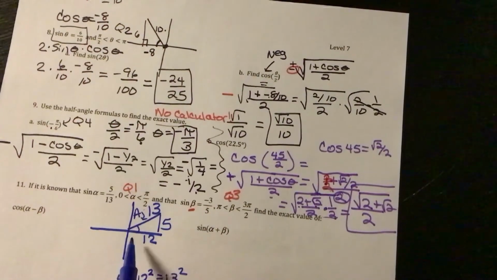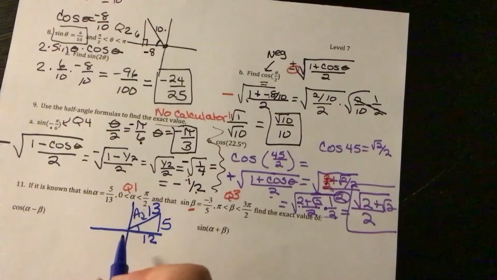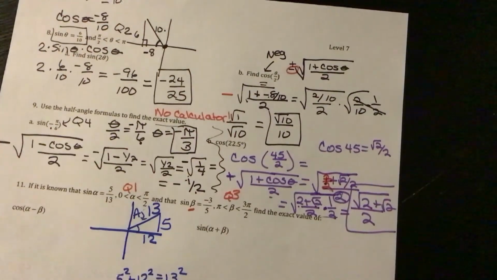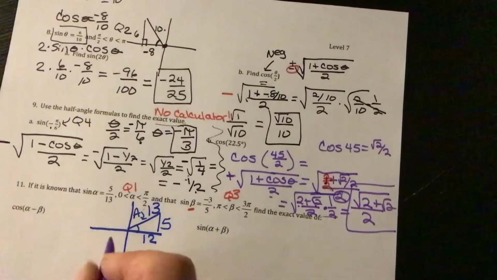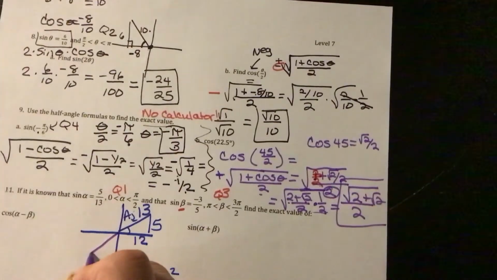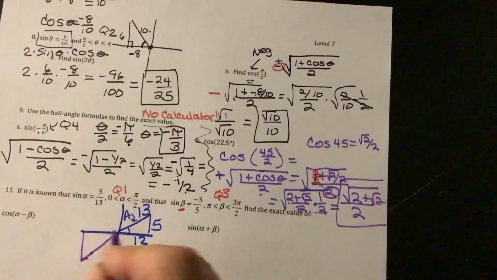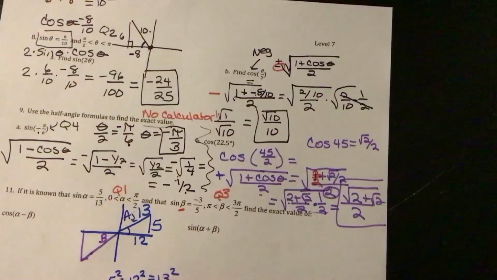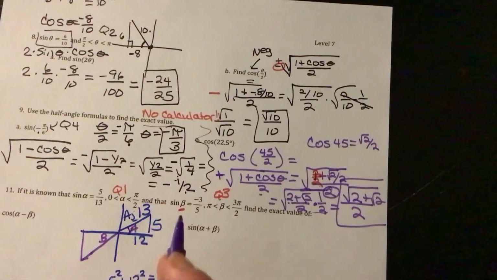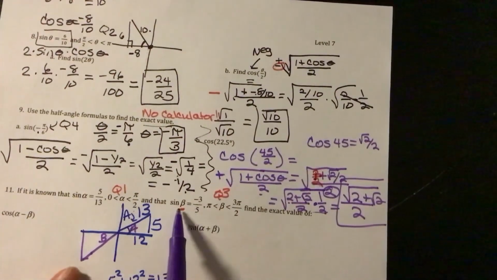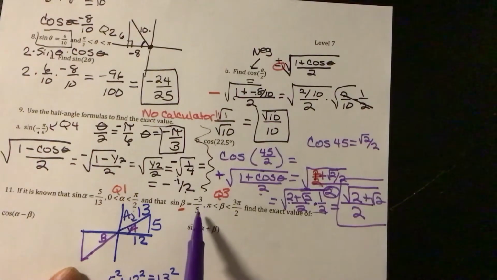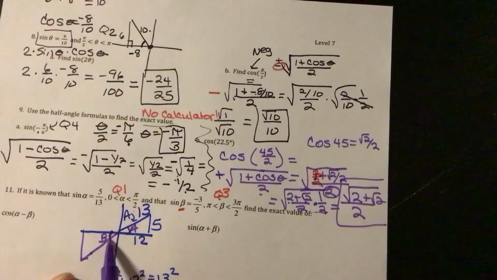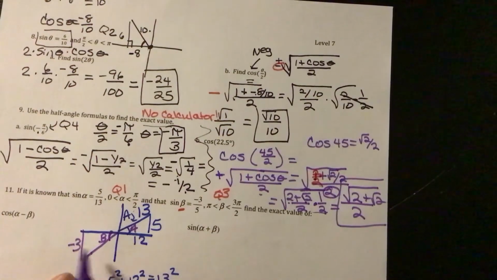So here's angle A. Angle B is in quadrant 3, sorry. This is angle B right here. A is up here. Angle B says sine is negative 3 over 5. So if here's my angle, opposite is negative 3, the hypotenuse is 5.